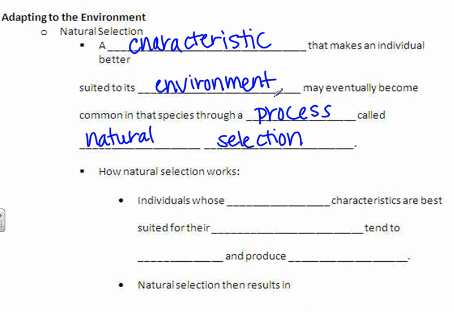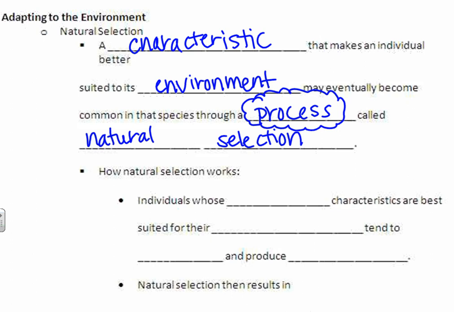So go ahead and make a little cloud around the word process, because that is the key term that differentiates between natural selection and adaptation.